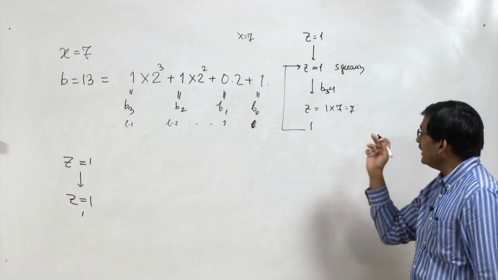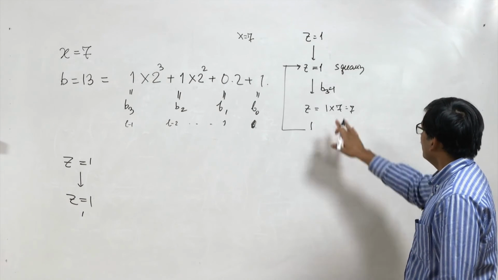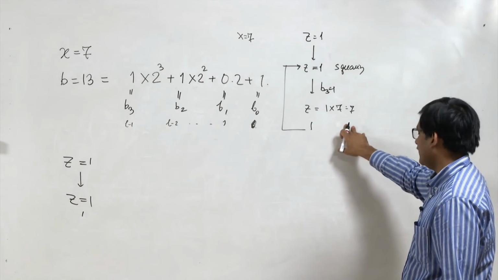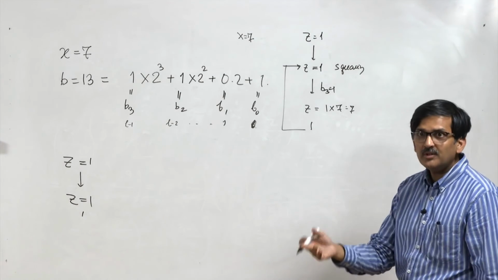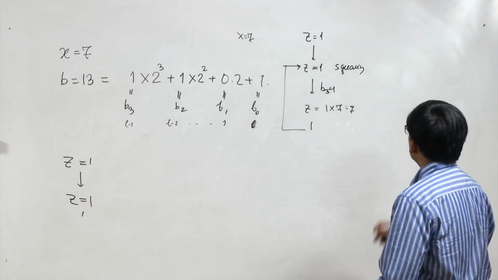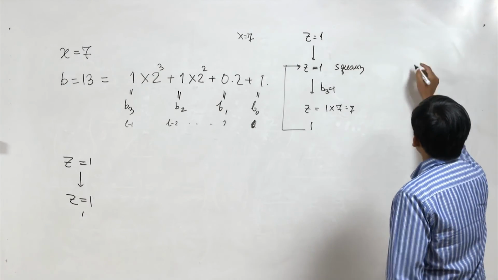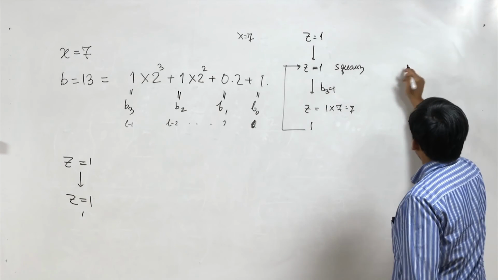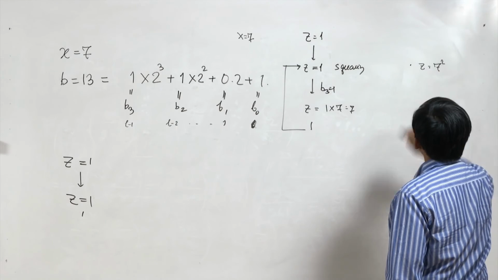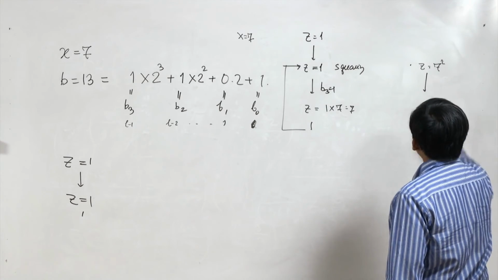Now, my z is 7, if I square 7, we get 7 square. I am not writing the integer values, I am writing in terms of squares, so that we understand what happens. So, now my z is equal to 7 square, I go in again.